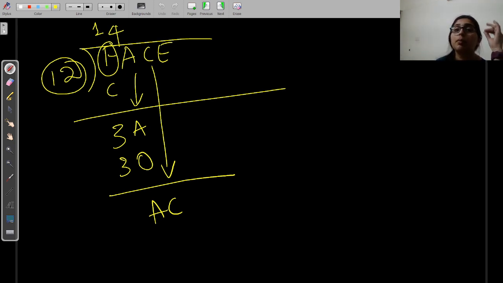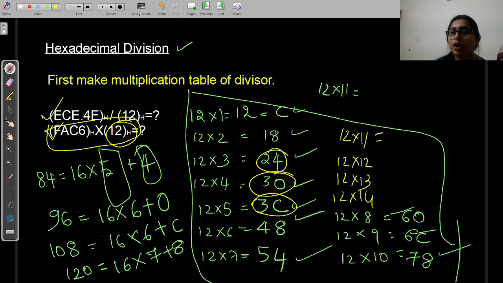Any value less than AC, you have to refer to the table and write down, okay. So write the multiplication table, otherwise you will be stuck here, not knowing what to multiply with 12 to get AC. If you have the table ready, then you can see which value from this table is less. If you are getting 28, you can see 24 is less than 28. That means I have to multiply by 3.